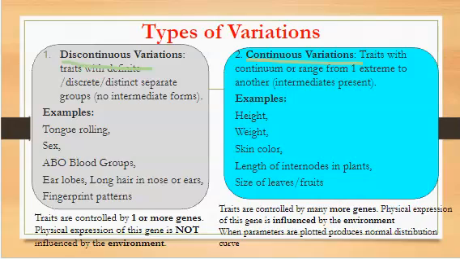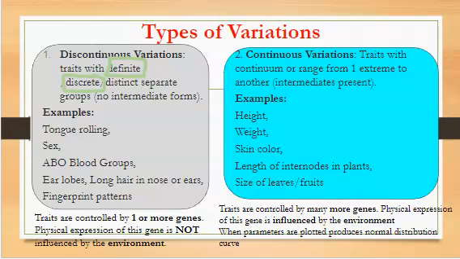But in this video, I'm going to basically narrow down to discontinuous variations, and these are variations that have a definite, or the word discrete or distinct, separate groups, no intermediate forms. Like it's either this or this. There is nothing in between. That is what that means.